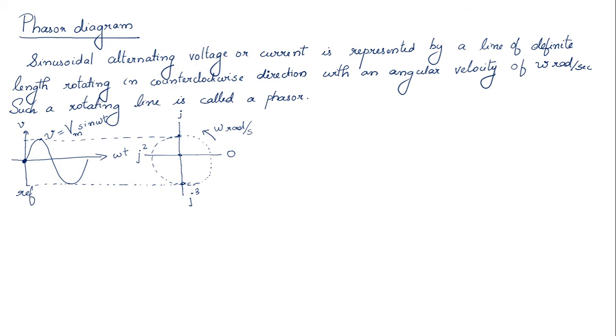Here means its value is 0. I'll show you why, and we will represent it on the 0 axis like this. So this darkened line with an arrow mark here is known as the phasor diagram. We can remove all the axis and the circle in which the phasor is rotating, everything can be removed. We can just draw this particular line to represent the phasor diagram.